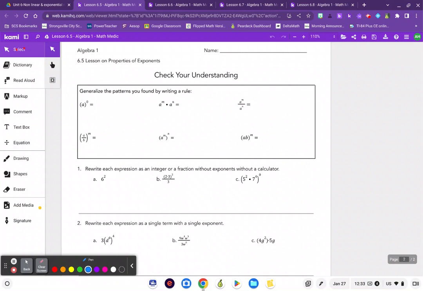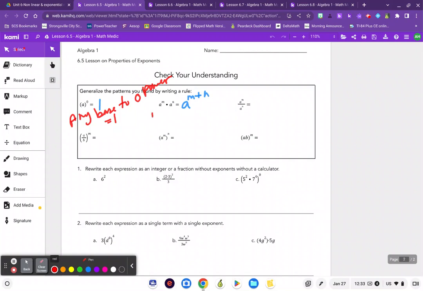So anytime we have a base to the 0 power, we said that equals 1. Any base to the 0 power equals 1. When we have a to the m times a to the n, notice the a's mean that the bases are the same. We would add the exponents, a to the m plus n.